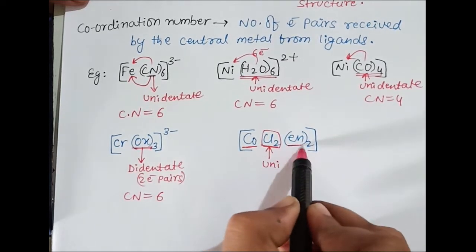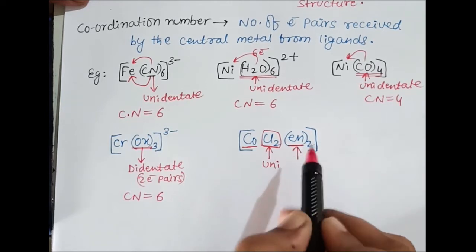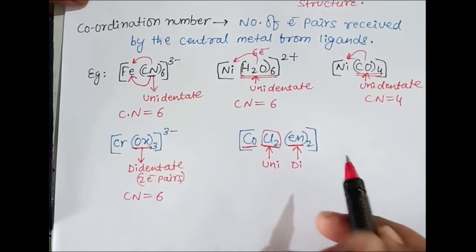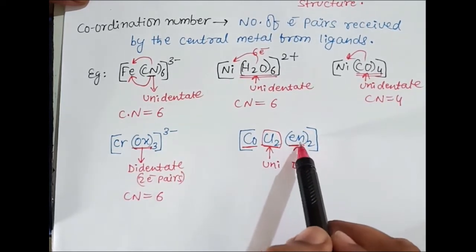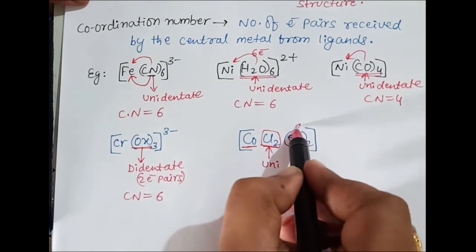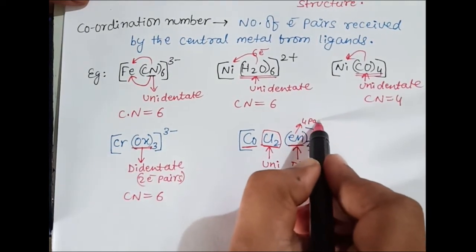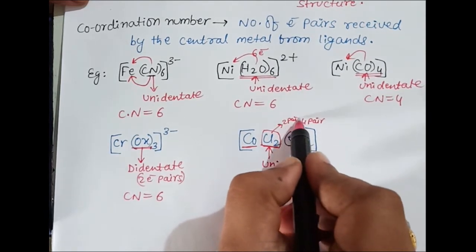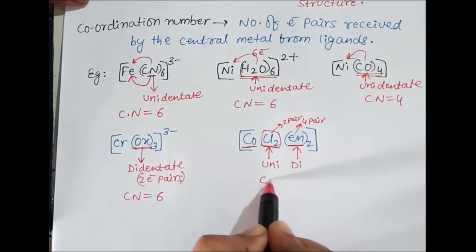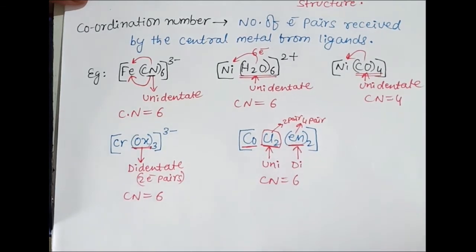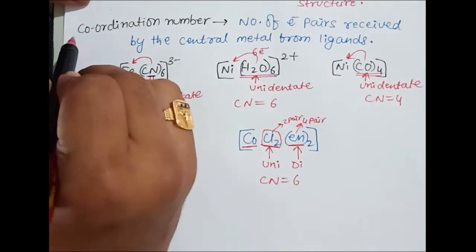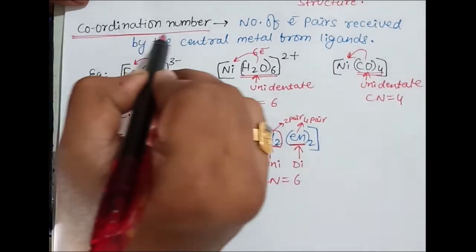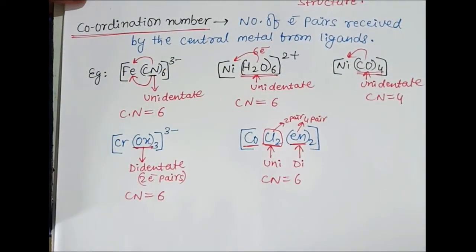And en is which ligand? En is a didentate ligand. So each en will give two pairs. Two twos are four pairs. Here four pairs and here two pairs. Totally how many pairs are coming? Six pairs of electrons are coming. Therefore its coordination number is 6. That is the word coordination number. So first we should understand this word, coordination number.